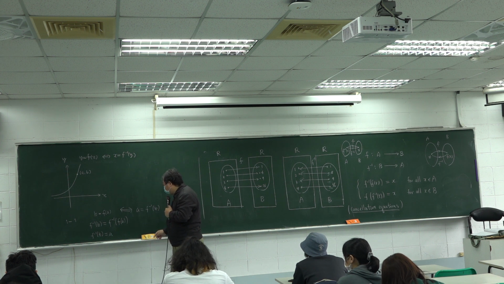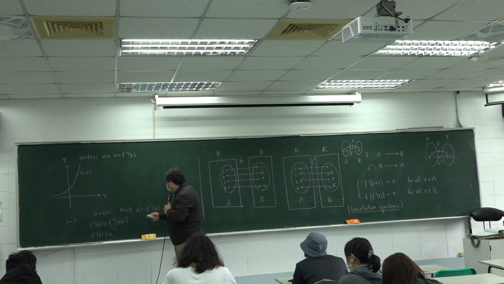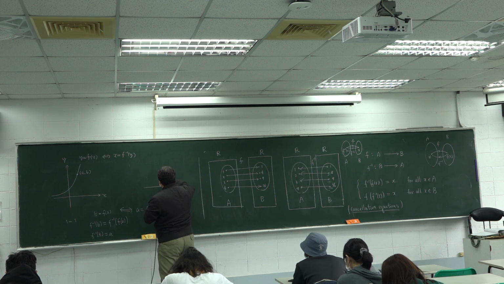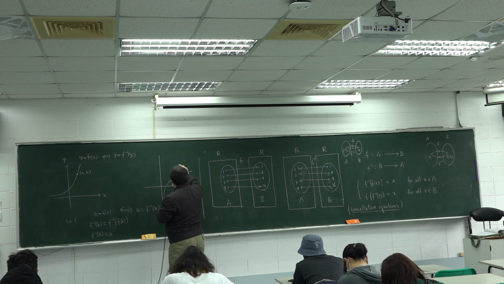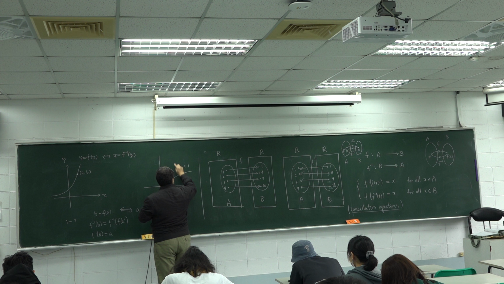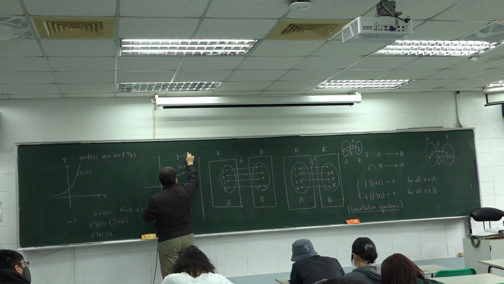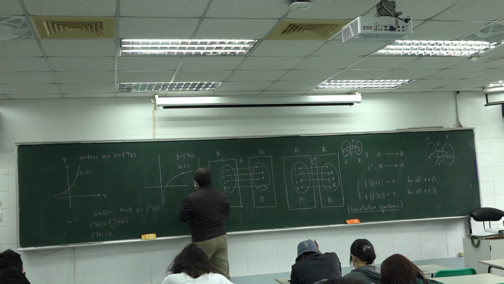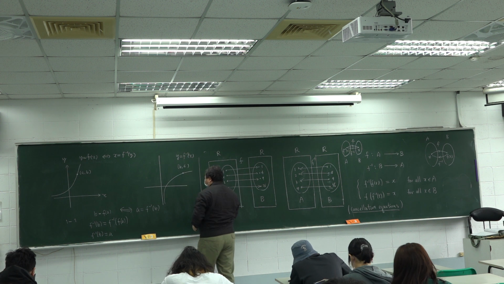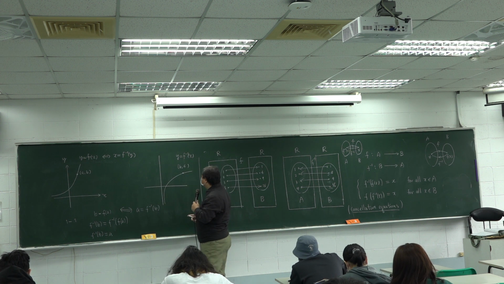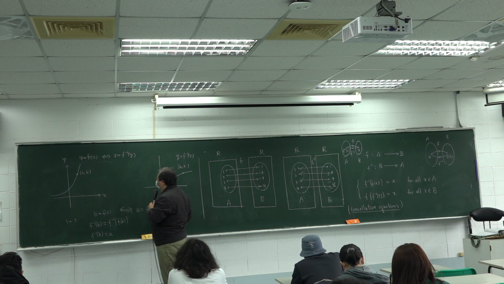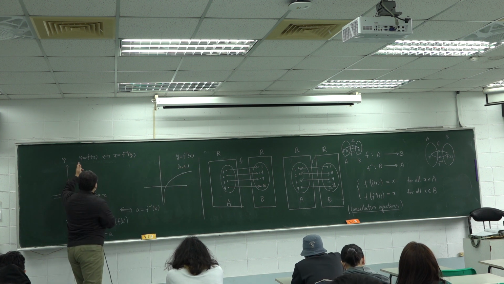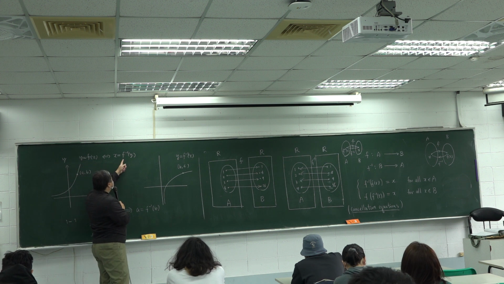So (b, a) will be on the graph of f inverse. If we use x as the independent variable, then this is y equals f of x, or x equals f inverse of y.